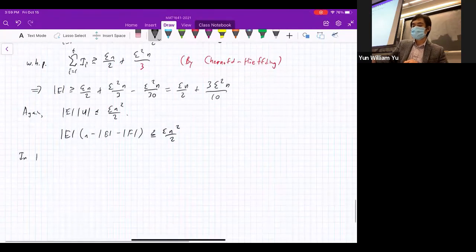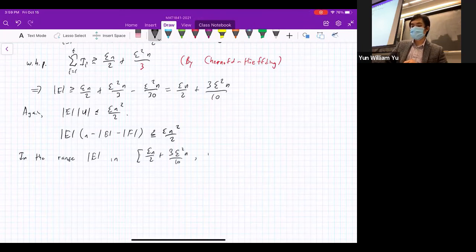And in the range, so when E, the size of the explored, is in the range epsilon n over 2 plus 3 epsilon squared n over 10 and n over 3. So when it's more than the left value but less than the right value, for F fixed, we know that the size of F is less than or equal to n over 3.